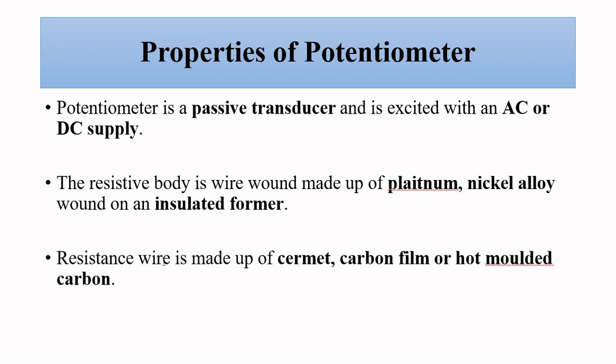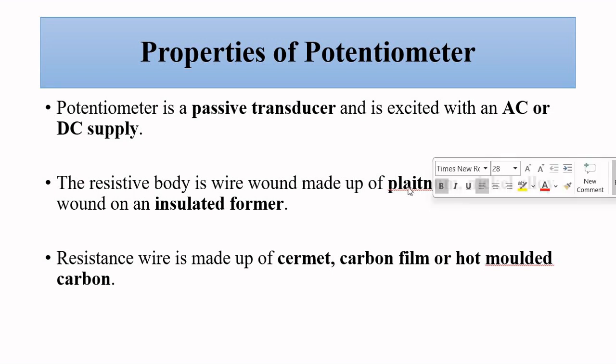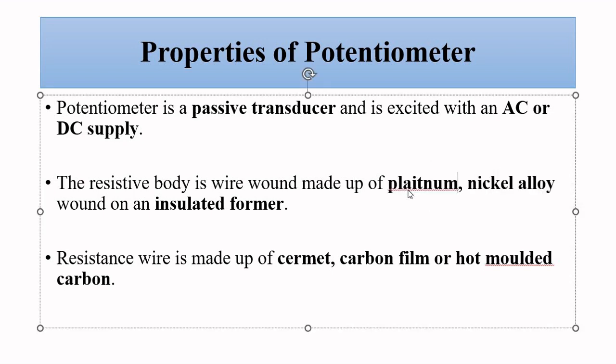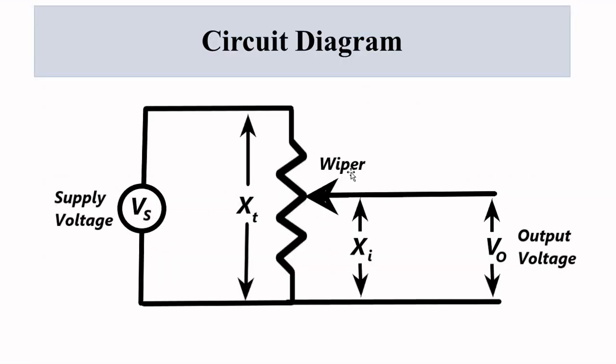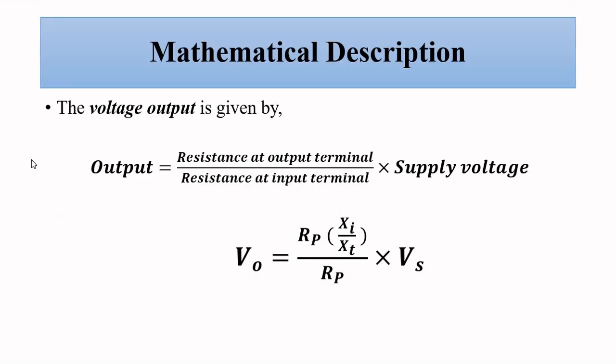The resistive body of the wire is made of platinum nickel alloy, and is wound on an insulated form. Like I said, it is insulated. The resistance wire is made of cermet, carbon film, or hot molded carbon.